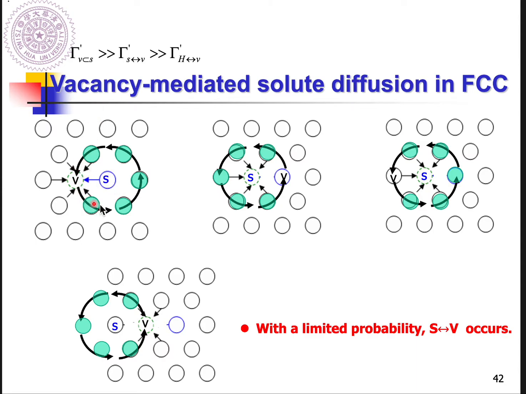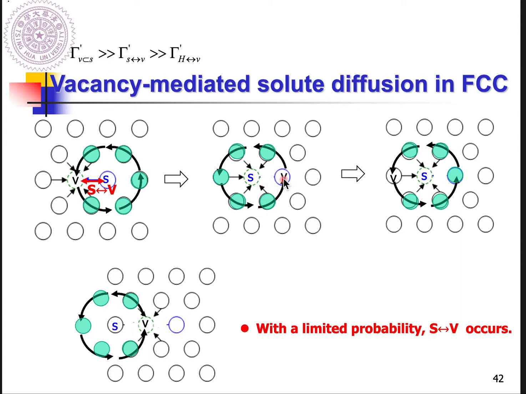But after probably 1,000 jumps between the host neighboring solute atom and the vacancy, there will be probably 1 jump of the solute atom into the vacancy. So the figure becomes: the solute will be here and the vacancy will be here. And next, there are probably 1,000 circling jumps between the host neighboring solute atom and the vacancy. This jumping process has no contribution to the diffusivity of the solute atom, right?